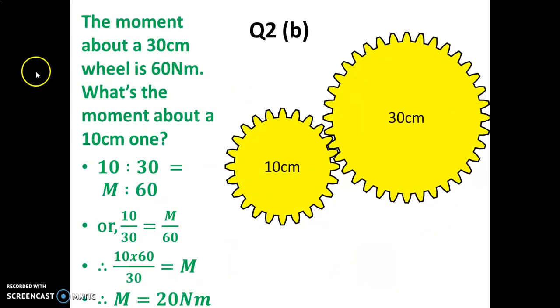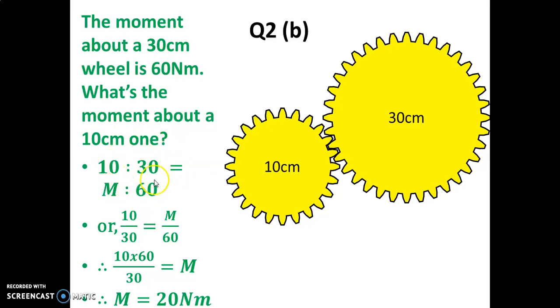Alright, and for 2b, you've got two gear wheels, a 10 centimeter gear wheel and a 30 centimeter one. We know that the moment about the 30 centimeter wheel is 60 Newton meters. We want to know the moment about the 10 centimeter one. So again, we do the same thing as before: 10 to 30 is equal to M to 60.